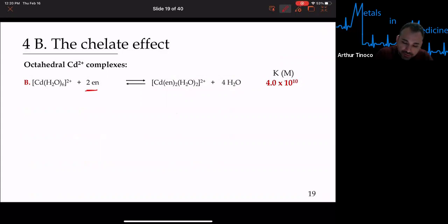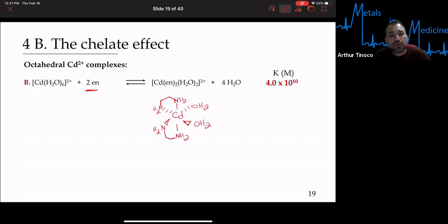So let's draw the product that's formed here. Okay, so then we are forming this.